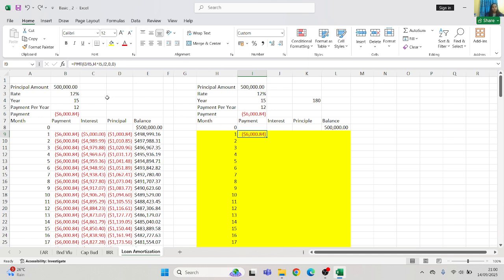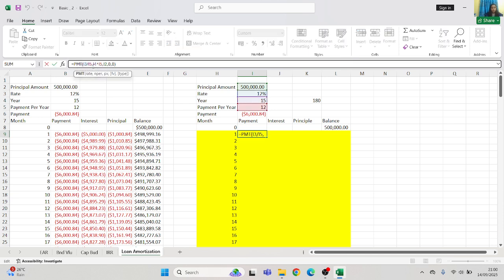For this problem we need to freeze them. In the formula bar we have to freeze them. For freeze we have to click F4 button.